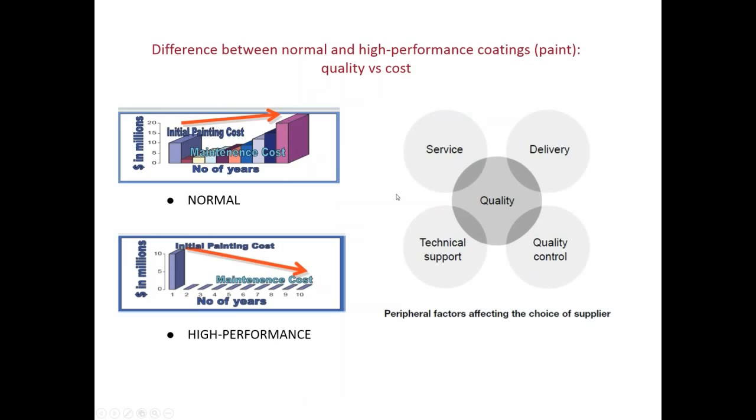Sometimes it's really a matter of, again, the cost-performance proposition. So many types of companies would like to employ the cheapest available paint and then repaint it the next year and the next year and the next year and so on. So that means a proposition where you will have an initial low cost but a high maintenance cost.